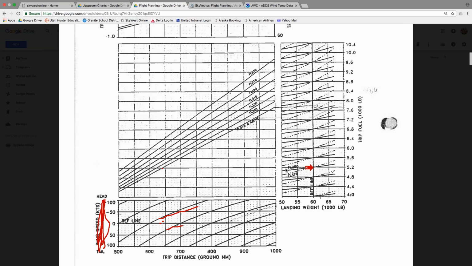The 370 line is the Morse code line. The 350 is the solid line. So flight level 370, depending on our landing weight, we follow the contour of that line. If our landing weight is less than 60,000 pounds, then we go this direction. If it's more than 60,000 pounds, we go this direction. Okay? So what is our landing weight?